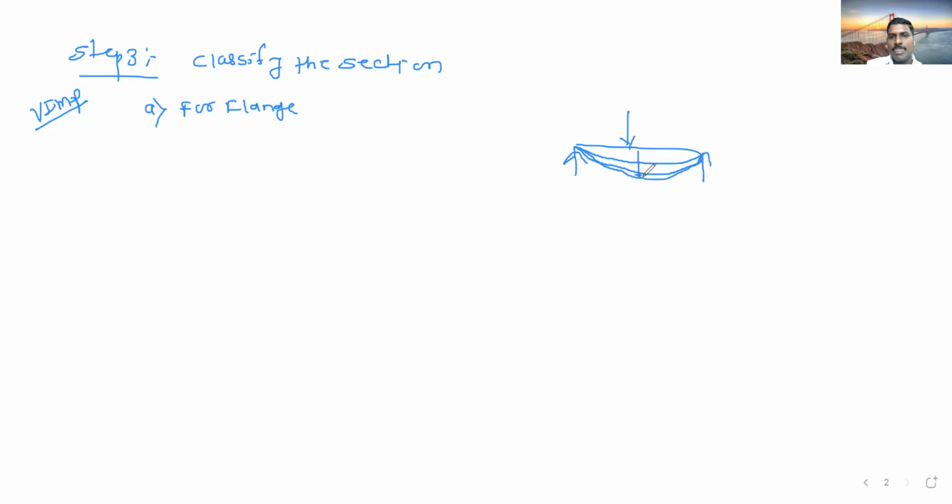Up to this point, if elastic behavior is there, if we remove this load, and it returns to the original shape, then this is the elastic limit. So elastic means slender classification. After the additional load, somewhat formation of hinges are there.